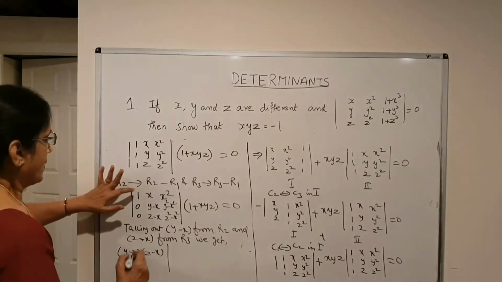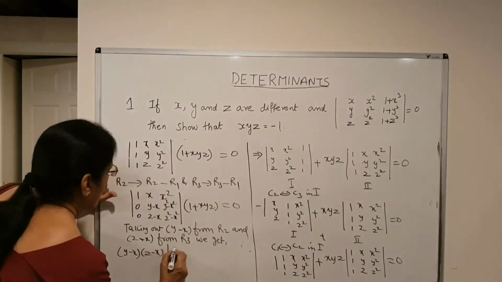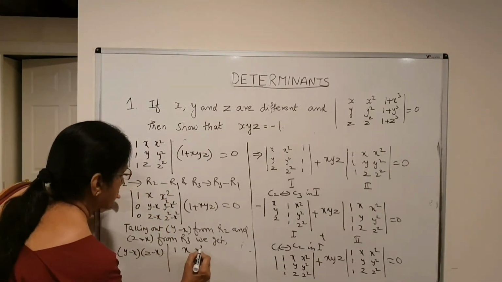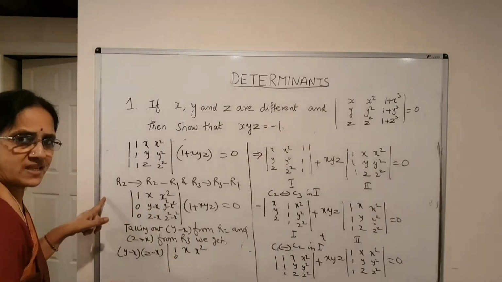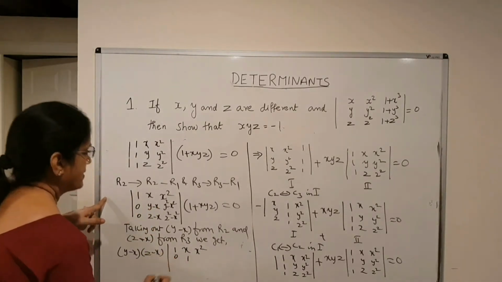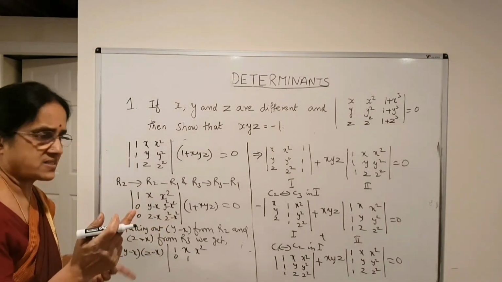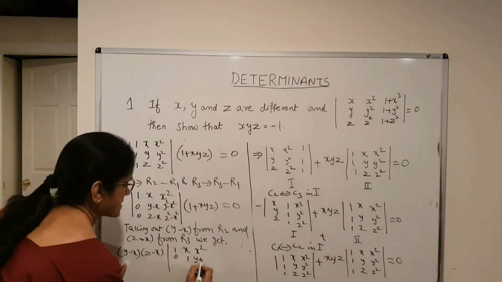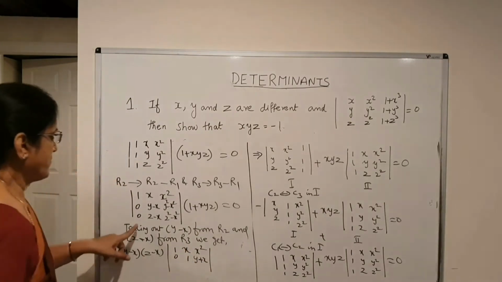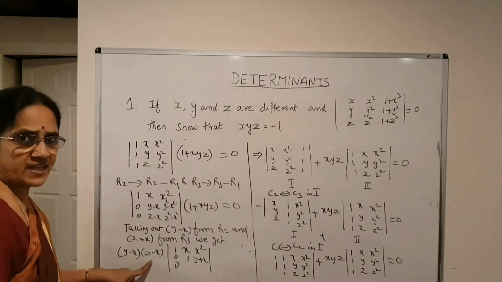Now, first row R1 will remain the same: 1, x, x square. Here 0. I am taking out y minus x, so I have here 1. y square minus x square is (y minus x) into (y plus x). Anyway, y minus x is outside, so I will be having only y plus x. Same way here 0. z minus x I have already taken out.